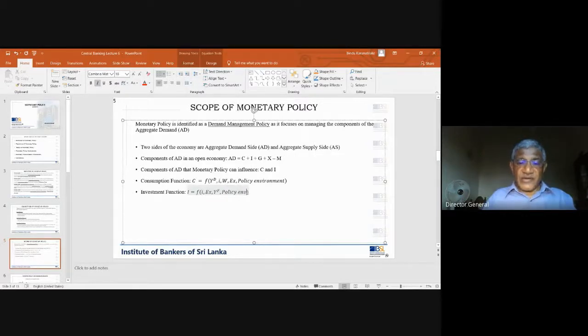Here it is the policy environment that affects consumers. This is the policy environment that affects investors. So it can't be the same, because sometimes the government can take decisions to encourage business people and start taxing households' income. In that case, that policy can positively affect business people and negatively affect households, but it's a policy environment.